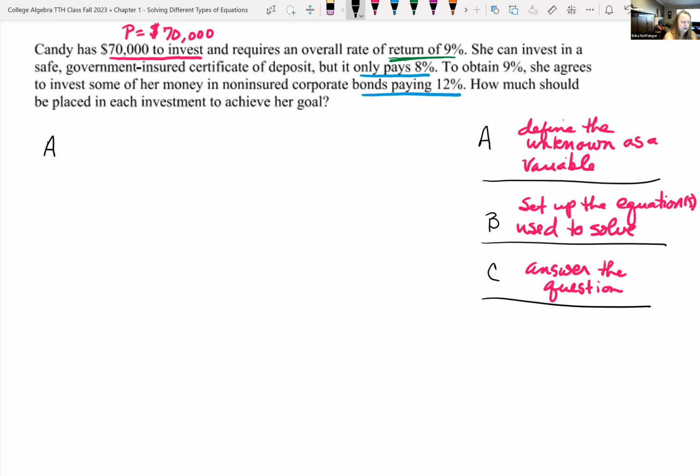Let's go back over here. So she has 2 different accounts that she's going to invest her money in. Let's say X is equal to the amount invested that pays out 8%.